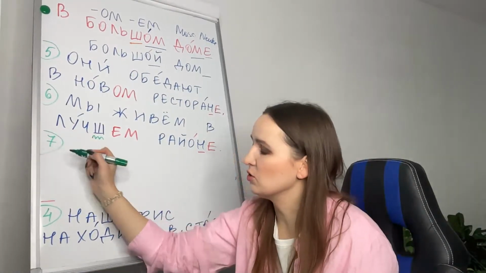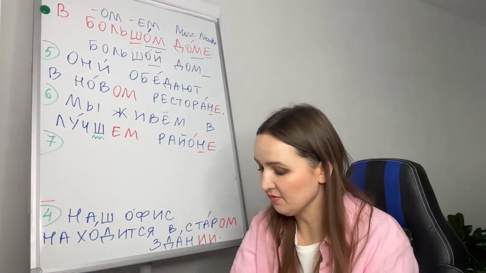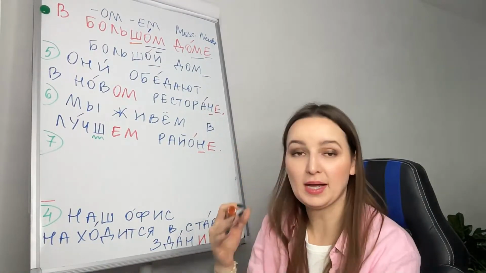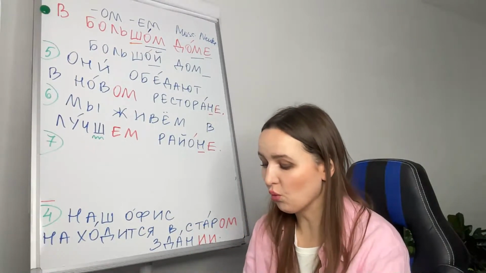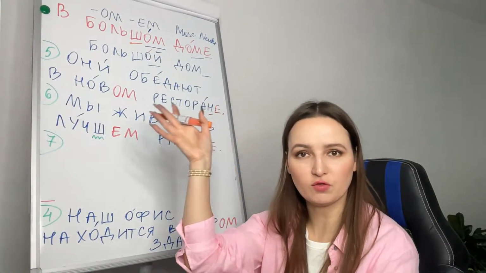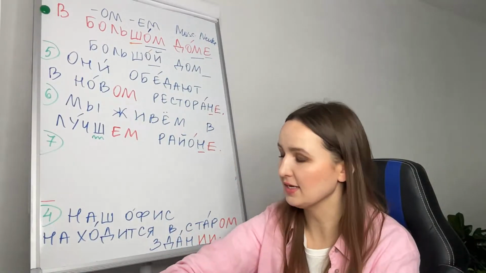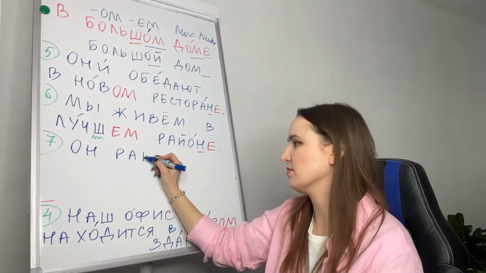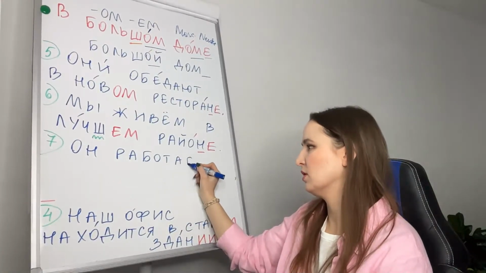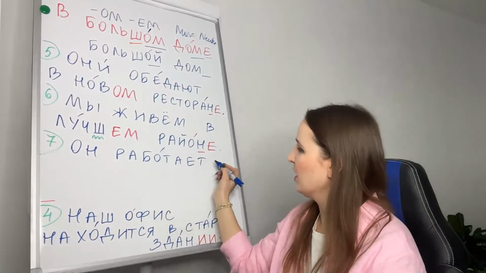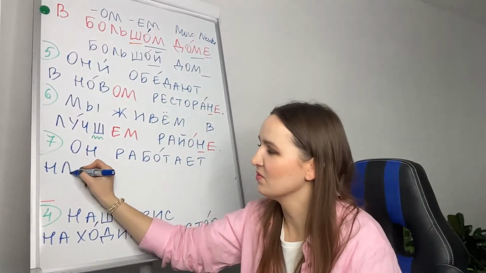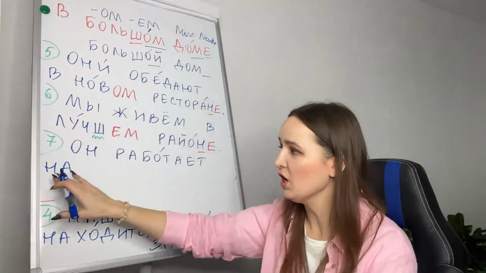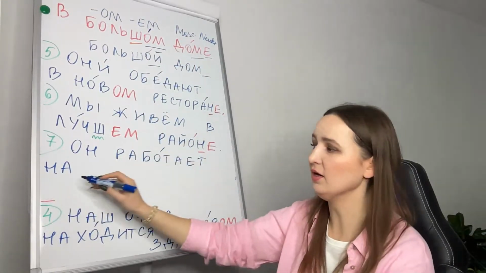Идем дальше. Следующий пример. Number 7 is with masculine as well. He works on the second floor. Он работает на. When we say on a certain floor, we will use на, not в, да?